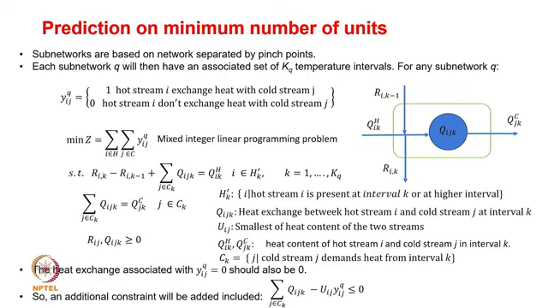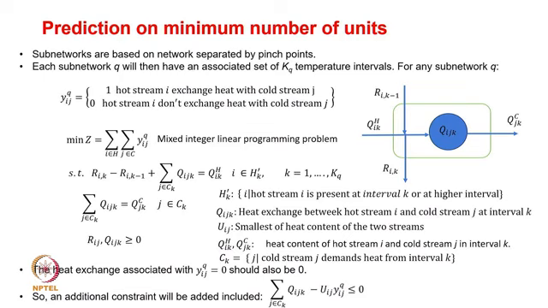So what we see over here is that when there is no connection, Yijk will be equal to 0, which essentially means that the heat transferred through that will also be 0. So when we have an additional balance, the summation of all Qijk, which is the heat exchange between hot stream i and the cold stream j at an interval k, minus Uij, which is the smallest heat content of two streams, times Yij, will be less than or equal to 0.